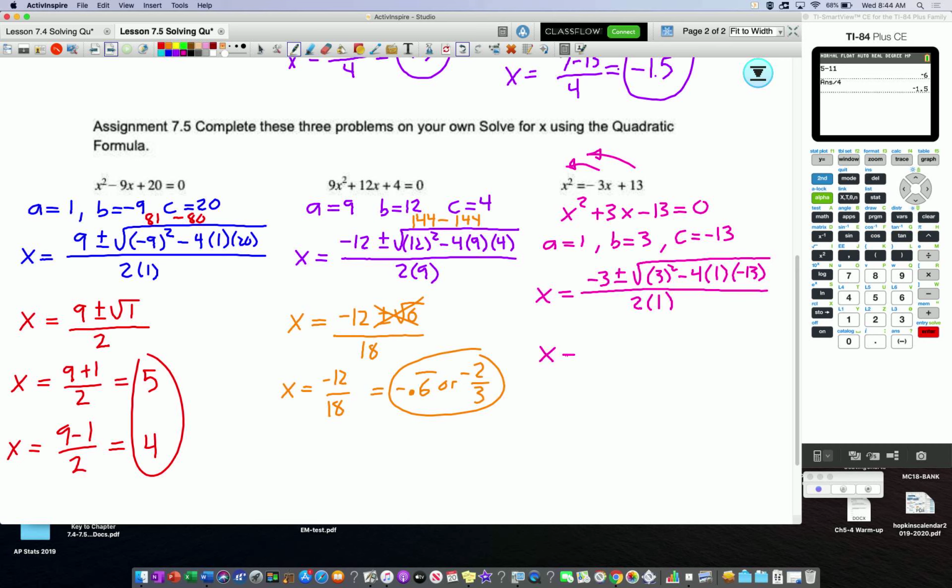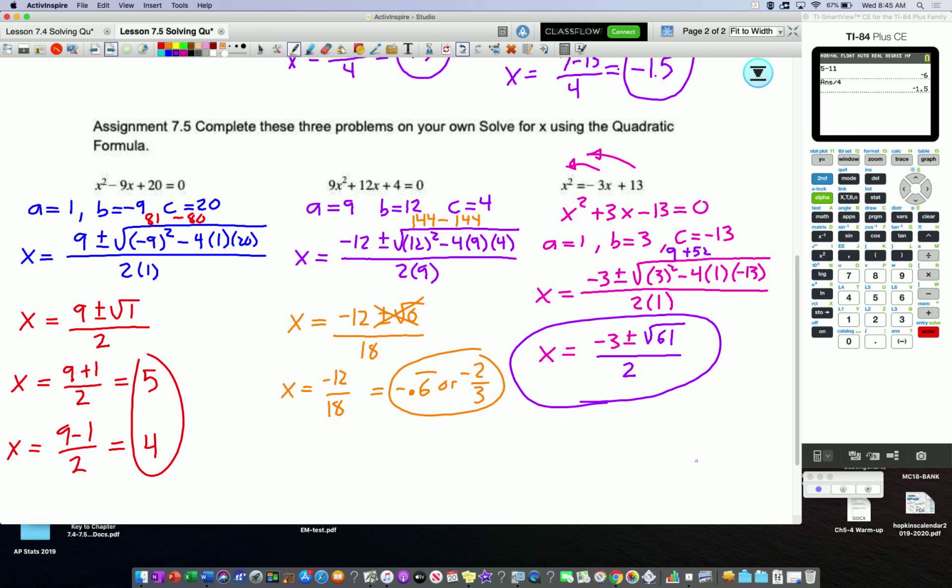X equals -3 plus or minus, 3 squared is 9, -4 times 1 times -13, that's plus 52. So I get the square root of 61 all over 2. Square root of 61 is a prime number, so it can't be simplified, and 2 doesn't go into 3 nicely. Guess what? We're done. Sweet.